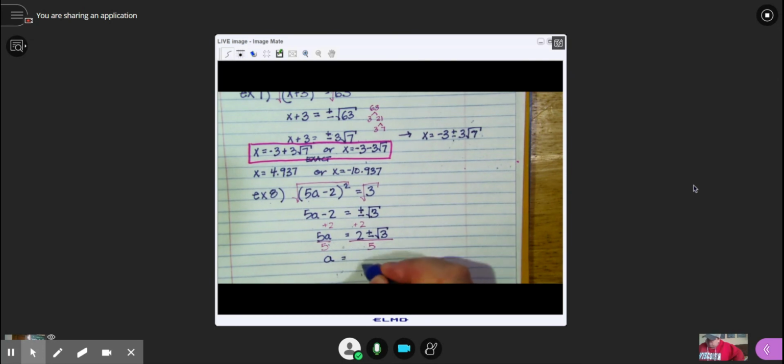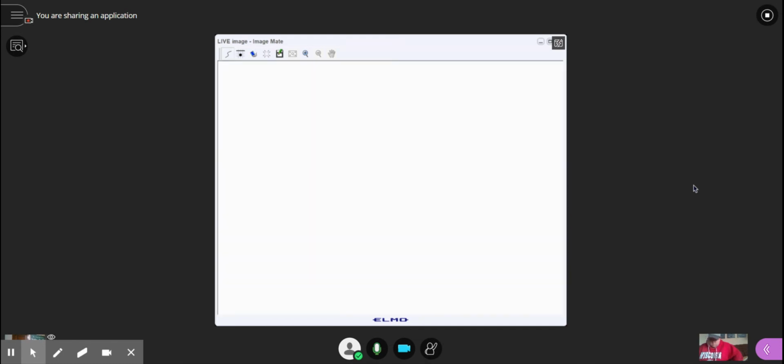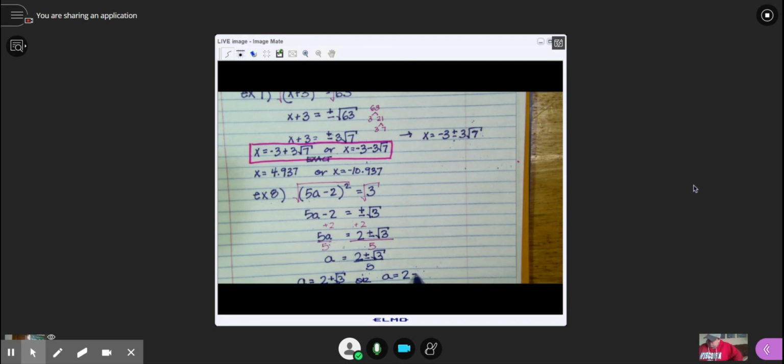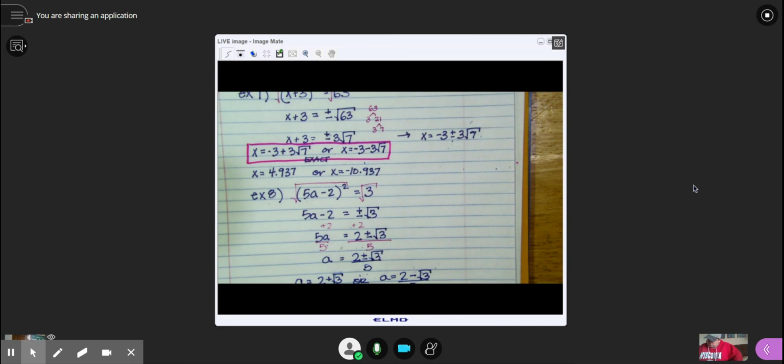So I will have a is equal to 2 plus or minus the square root of 3 all over 5. This means that a is equal to 2 plus the square root of 3 over 5, or a is equal to 2 minus the square root of 3 over 5. This is how we would write our exact answers.